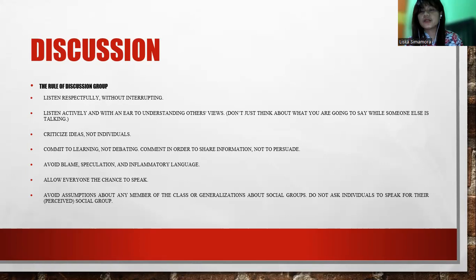For example, we say, oh, your tribe, something like that. Oh, that is common in your tribe. You have to avoid that kind of thing. We cannot generalize about social groups when we see only one person who represents that social group.